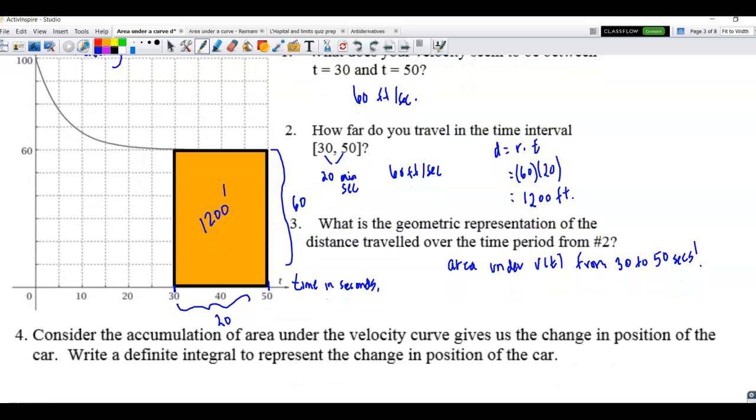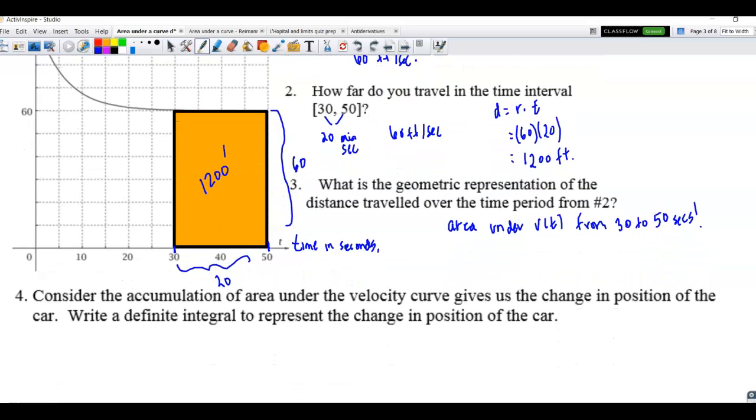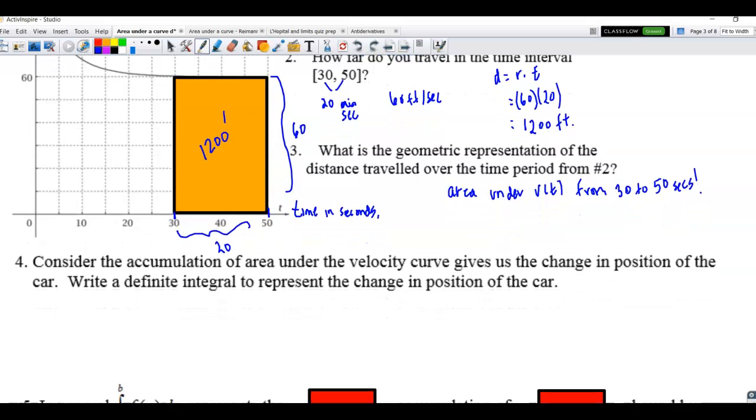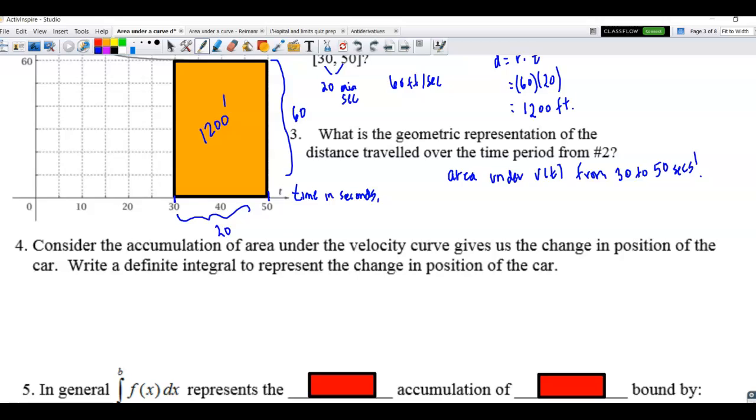Consider the accumulation of area under the velocity curve gives us the change in position. In other words, when we did the anti-differentiation there, it gave me the change in position of the car during that time period. Write a definite integral to represent the change in the position of the car. So let's think about what we just accomplished here. We did calculus, but we did it kind of in a backhanded way.